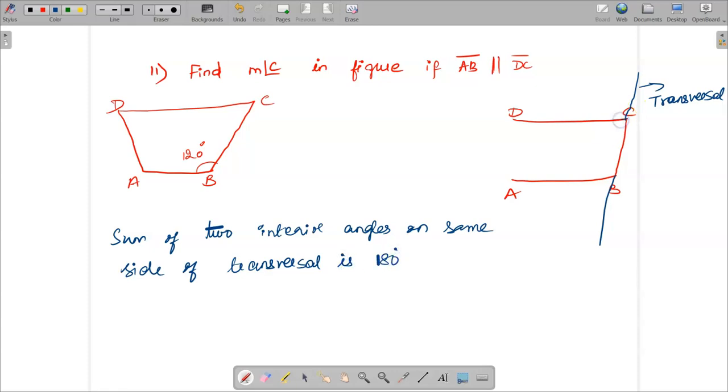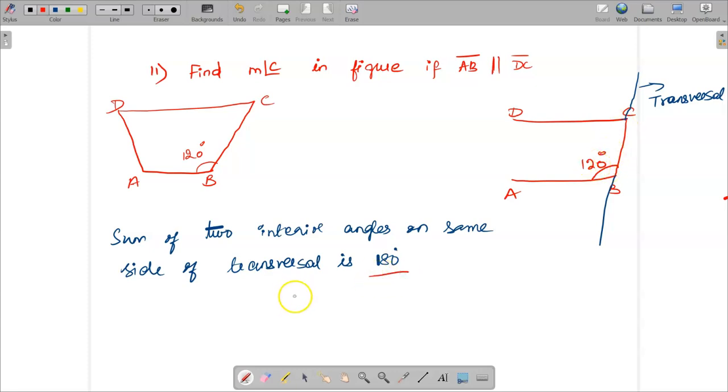Okay, so actually in this, one of the angles, that is angle B, is given as 120 degrees, and if we have two parallel lines and a transversal is crossing across them, we can say that the addition of two interior angles, right, is going to be 180 degrees.